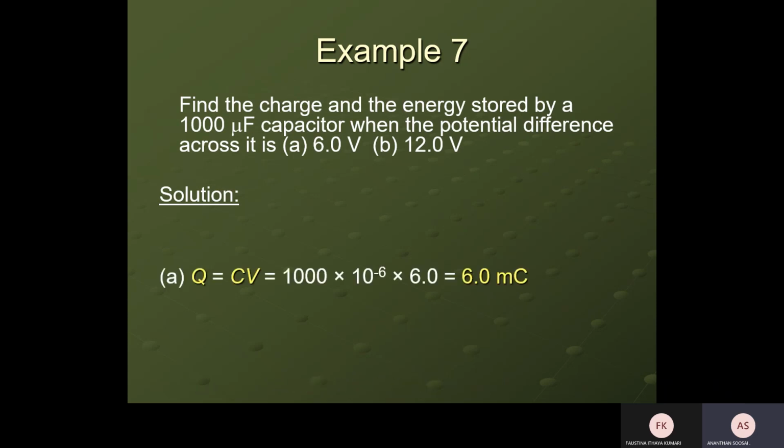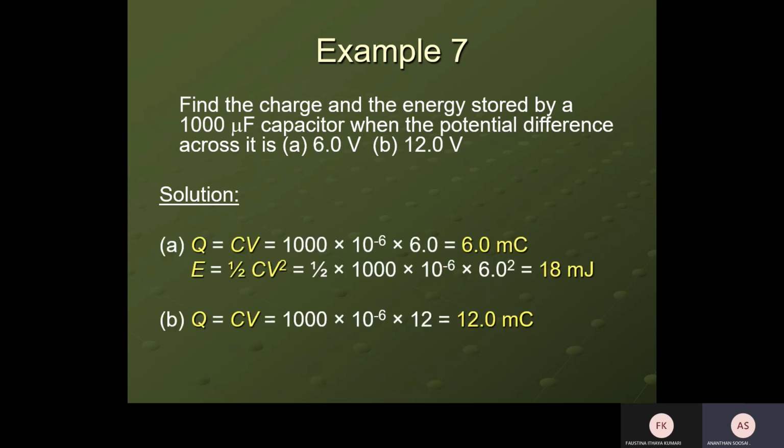I hope you got these answers. Find the charge, and you can use half CV squared if you want. So there are 3 versions.